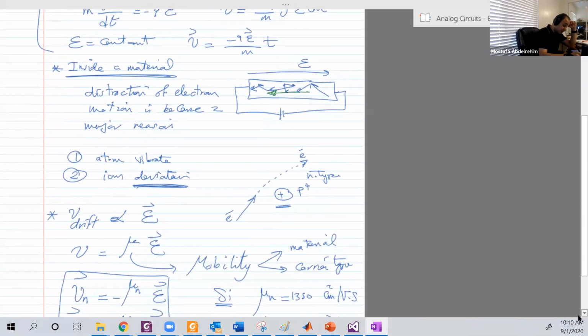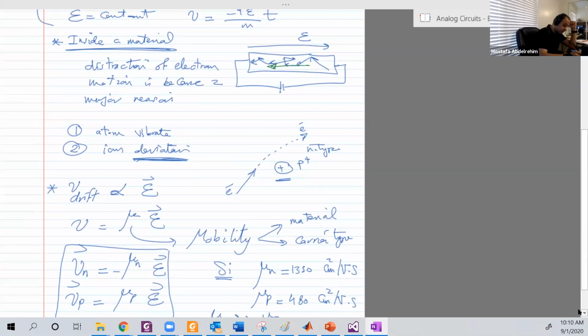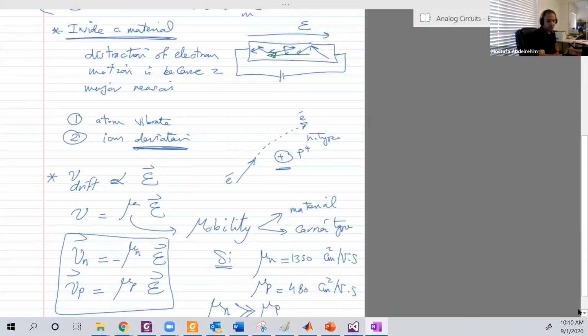If the electron is inside a material, the story is different. We have impurity atoms, we have thermal vibrations. So the movement of the electron will not be straightforward from the negative to the positive, because the negative terminal of the battery pushes the electron away from it, and the positive terminal attracts the electron towards it.